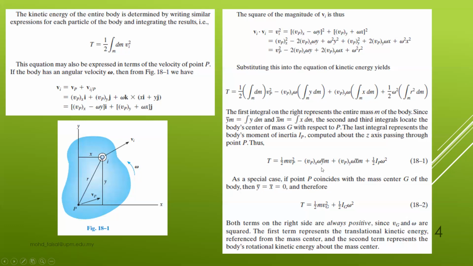So that's why the second and the third terms here are equal to 0, because y bar equals 0 and x bar equals 0. Then what we have is the first part here, which you can see down here, and the last one here, which you can see down here as well.